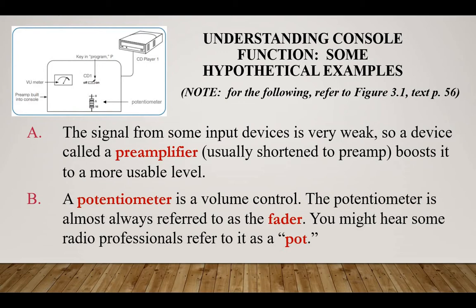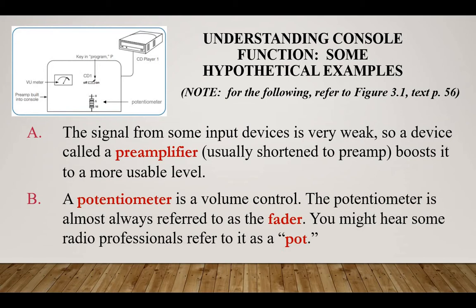So a device called a preamplifier, usually shortened to preamp, boosts it to a more useful and usable level. Microphones are a really good example of that. You're going to have a preamplifier or some phantom power that is going to provide enough boost to the microphone for it to be used within the scope of what you're doing in the studio.